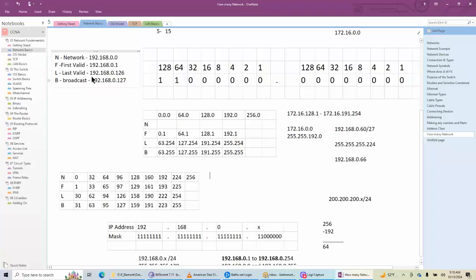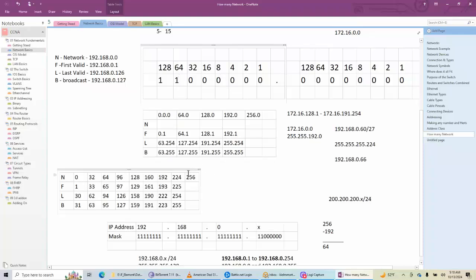We also learned that wherever our ones stop, that's where our host is going to be as far as our magic number, instead of doing the math of 256 minus whatever our ones add up to. We also learned that we go from left to right as far as adding our ones, borrowing bits.